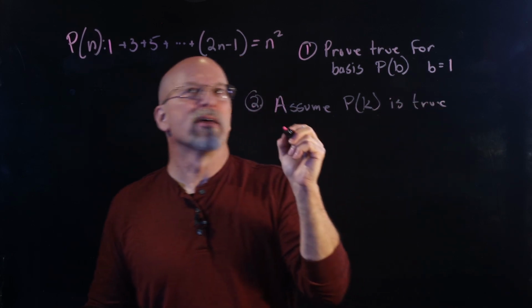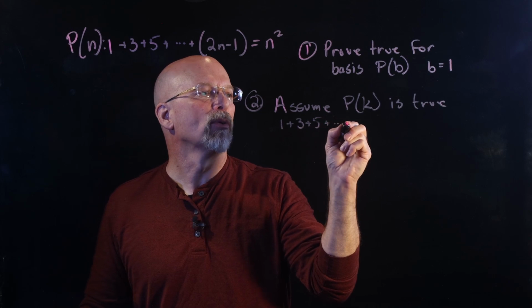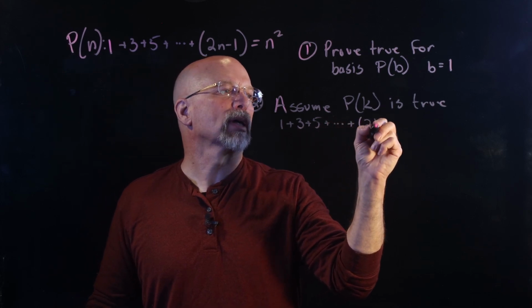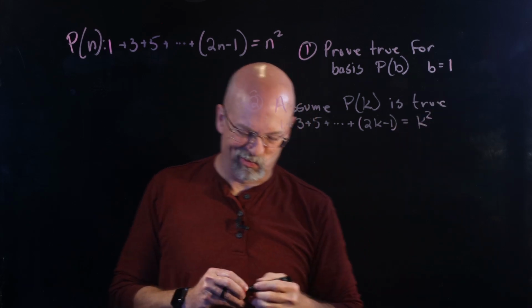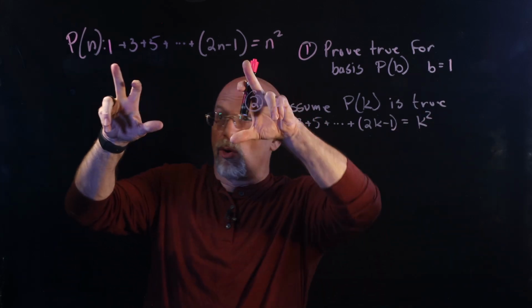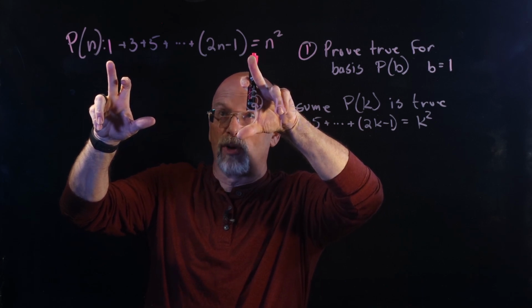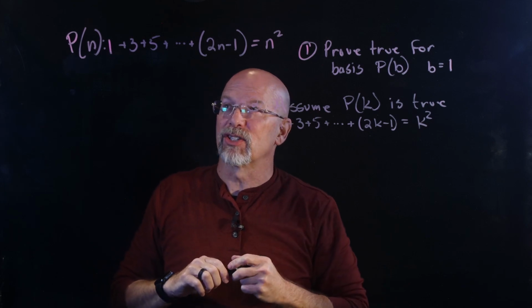What does that mean? That means that 1 plus 3 plus 5 plus all the way up to 2k minus 1 equals k squared. So now that we've made our assumption, what I like to do is start on the left side of the expression and work my way, based on this assumption, to the right side of the expression.